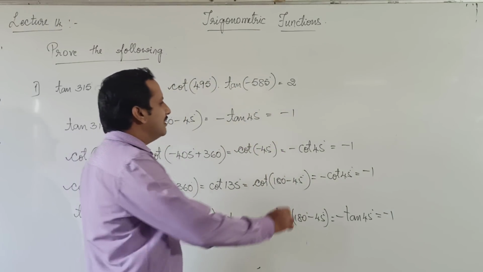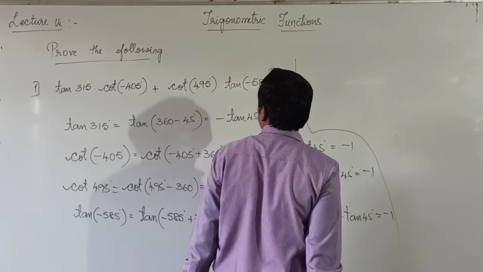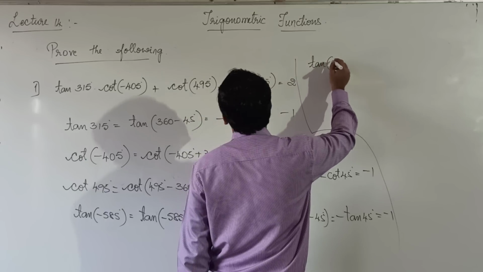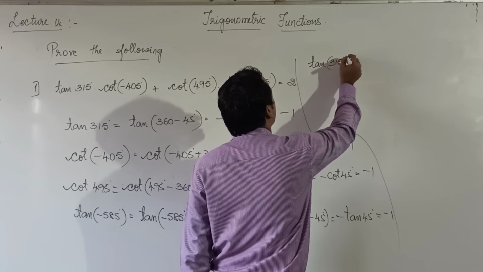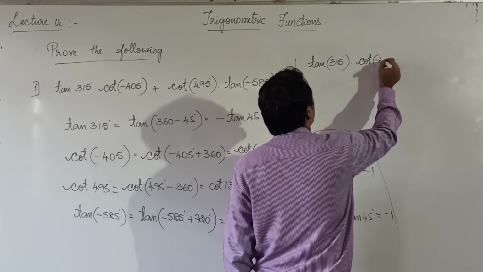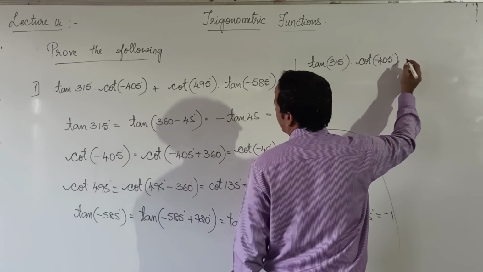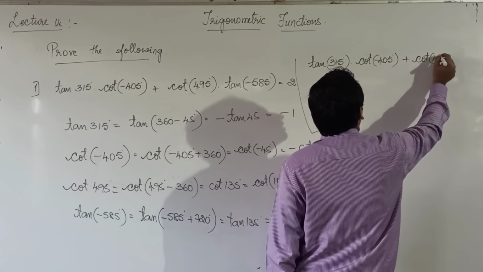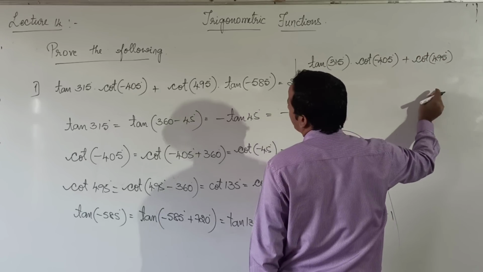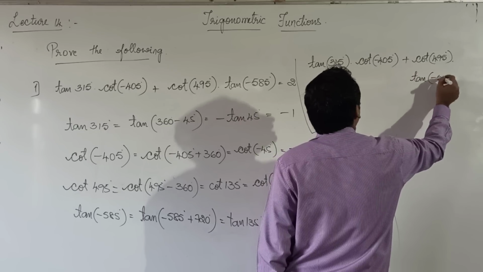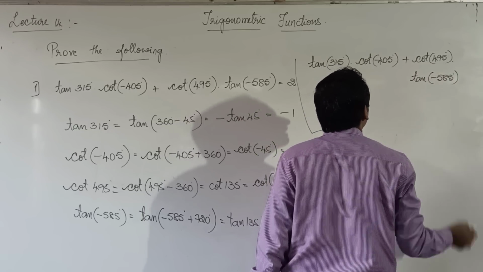Now I will substitute all these values in this expression. What we are asked to find out is tan of 315 degree into cot of minus 405 degree plus cot 495 degree into tan of minus 585 degree.